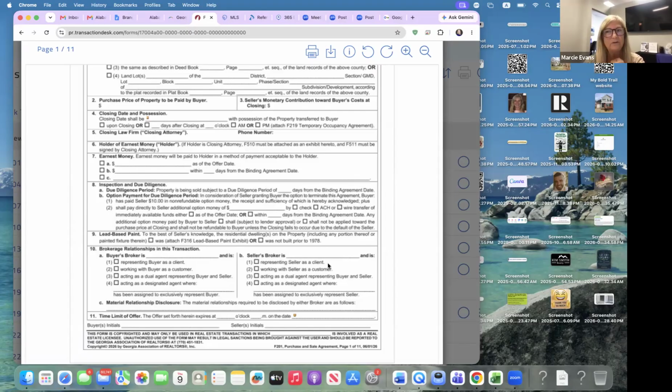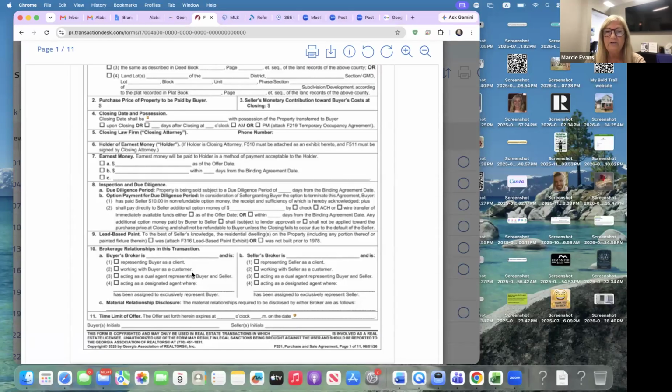They understand that you cannot give them any advice. You can only handle ministerial duties. We might do a separate agent tip on this. You would then put buyer's broker is Maximum One Community Realtors and is working with the buyer as a customer.